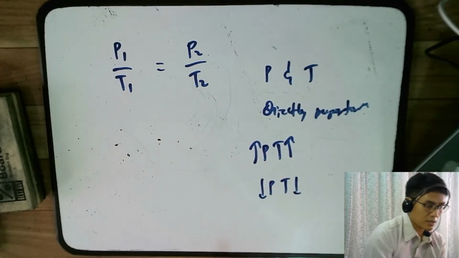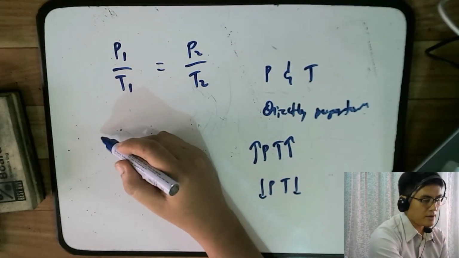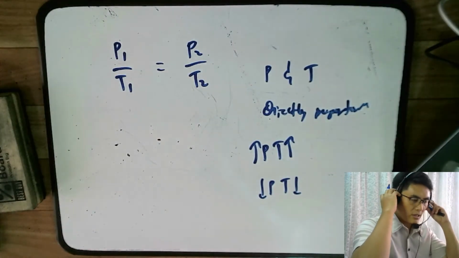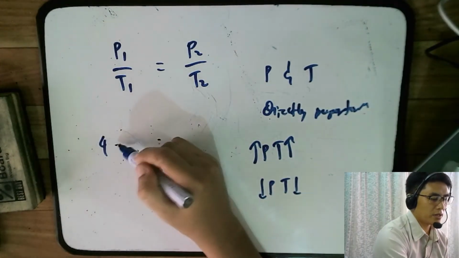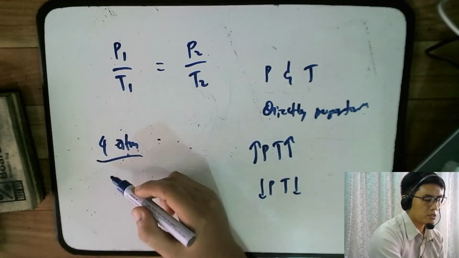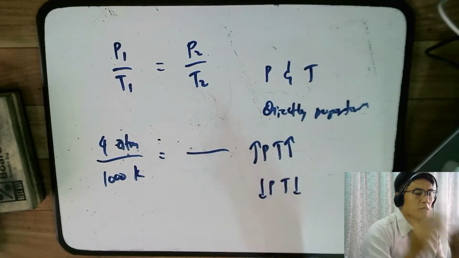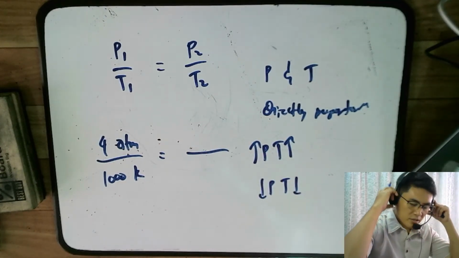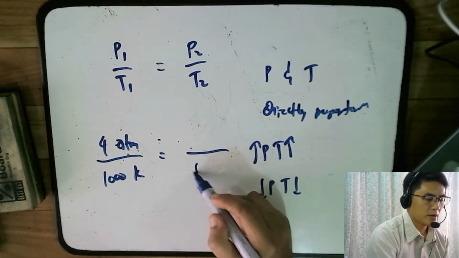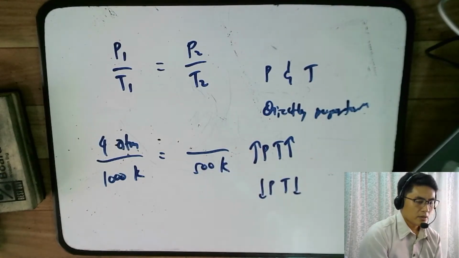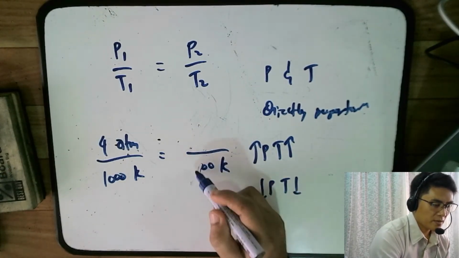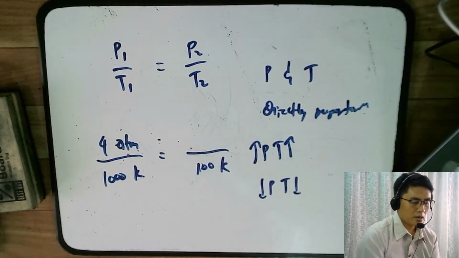And again, you can say things like, if the original pressure was, say, 4 atm, and the temperature was around 1000 Kelvin, and then now we cool down the temperature to say 500 Kelvin or maybe 100 Kelvin. What would happen to our pressure?